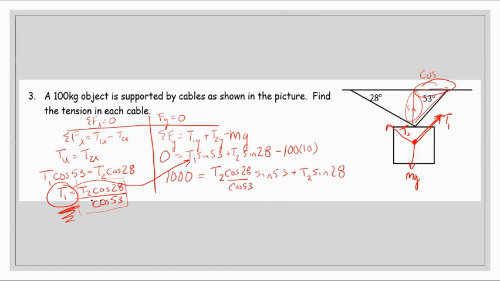And hopefully you realize sine over cosine is going to be tangent 53. So I end up getting 1,000 equals T2 cosine 28 tan 53 plus T2 sine 28. And that ends up giving me T2 is 609 newtons.